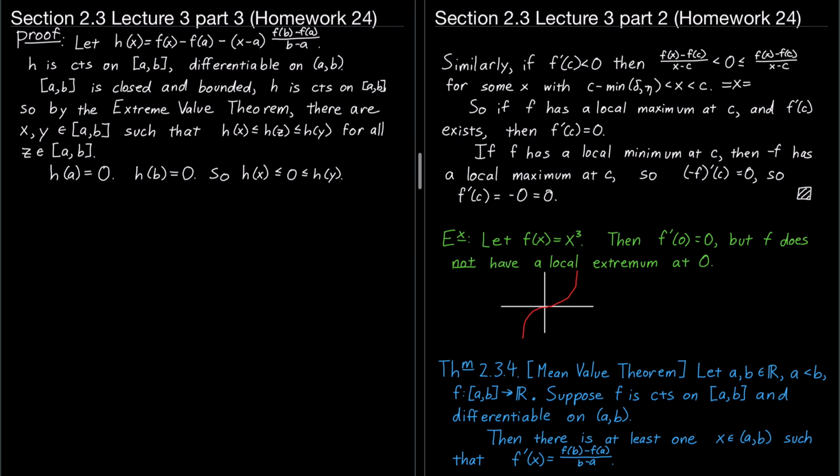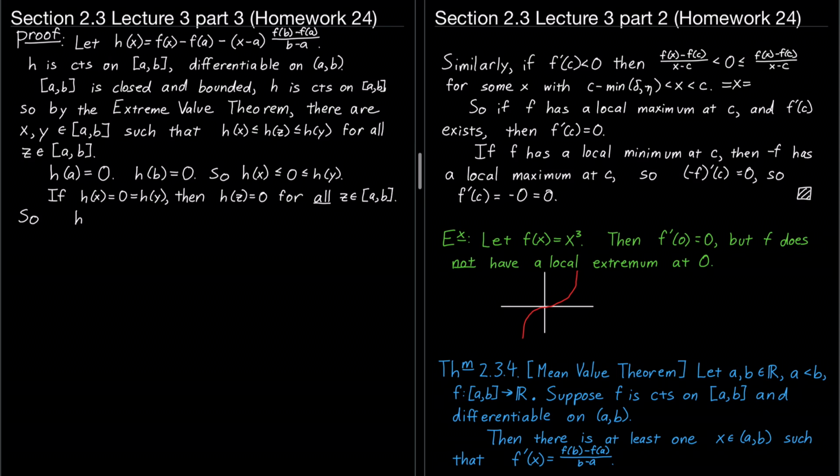So two options. If h of x is equal to 0 and so is h of y, then we have that h of z equals 0 for all z in a, b.